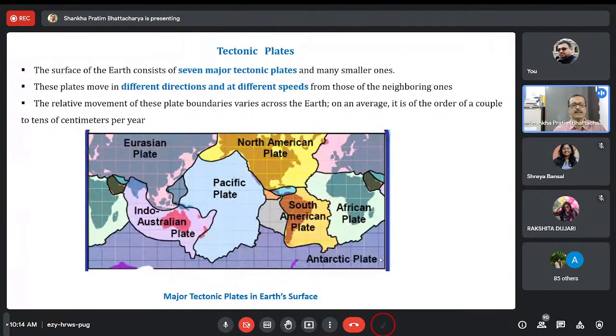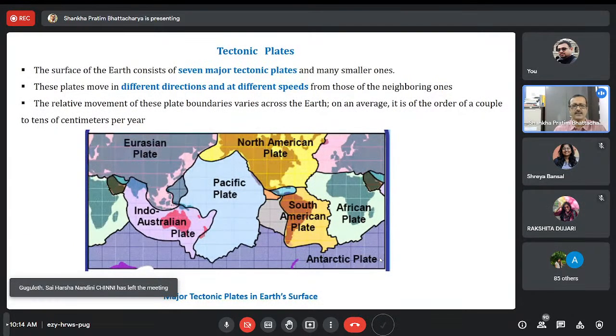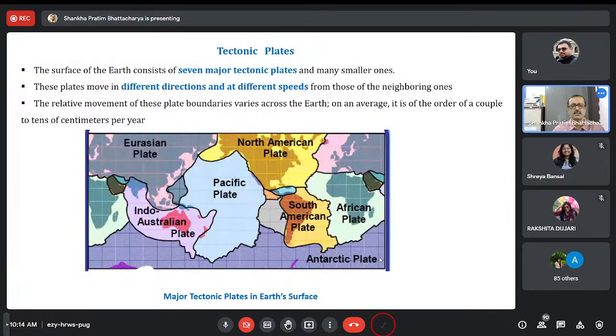That will create some kind of strain, something like a spring. If you push it, it will absorb a little bit of energy, called the strain energy, induced in the spring. And if it crosses the limit, it will try to bounce back. Similar things happen here. The earth mass itself is an elastic thing.